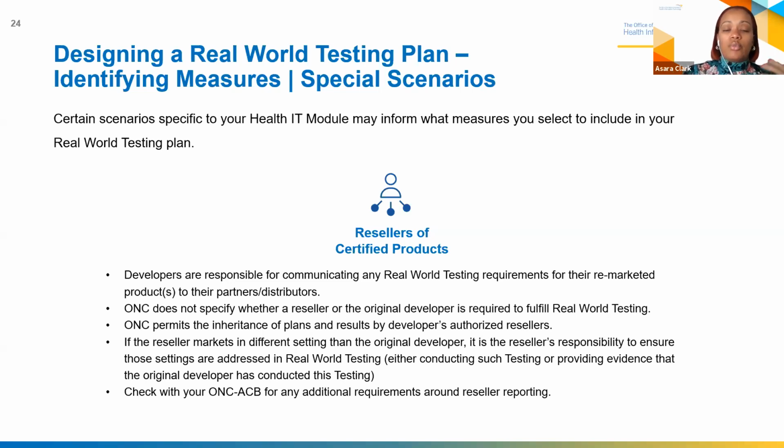If there are any outside of the types of care settings in which you market your certified health IT, make sure your resellers and distributors also don't have any additional care setting types that need to be covered as well. And that they understand that, depending upon whatever your arrangement is with them, they may be required to go out and meet these real-world testing requirements on their own, or must work with you to be sure that happens for them to maintain certification and to meet these real-world testing requirements.